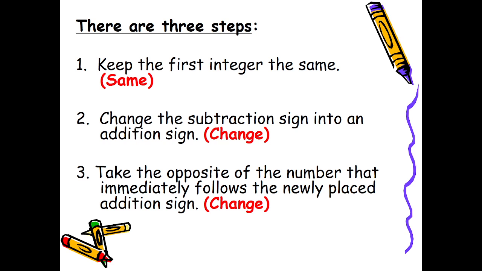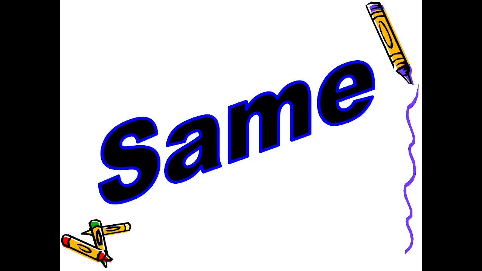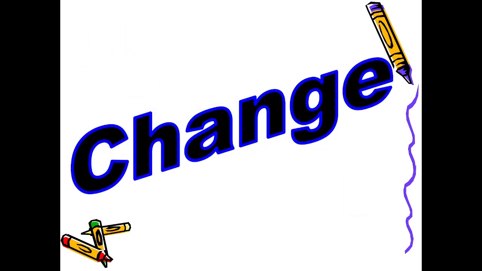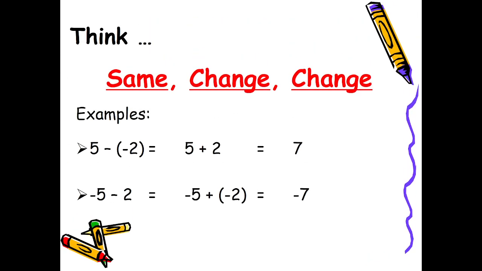We need to keep the first integer or the first number. Second step is to change the minus sign into plus sign. The third step is to change the sign of the subtrahend or the number that follows the subtraction sign. So same, change, change. Let us remember these 3 keywords in performing subtraction of integers.